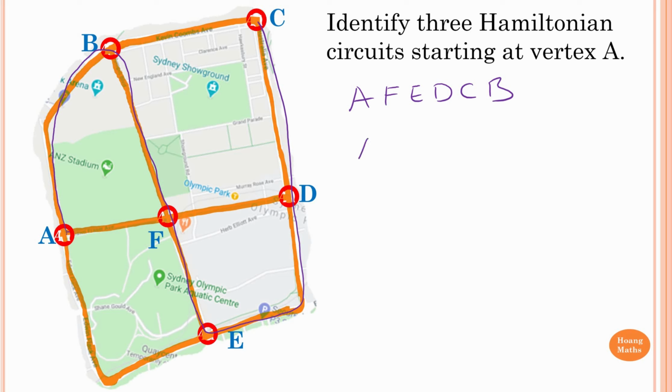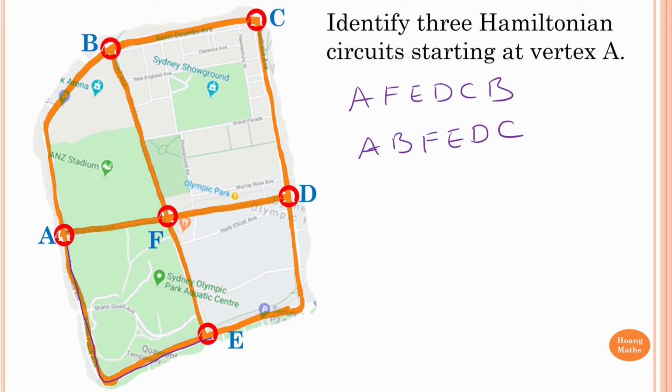So which is I, B, F, E, D, and C. Or I can go from I to here, which is to E, and from E I go to D, and from D I go to C, and C to B, and B to F. So I visit every vertex. So which is I, E, D, C, B, and F.